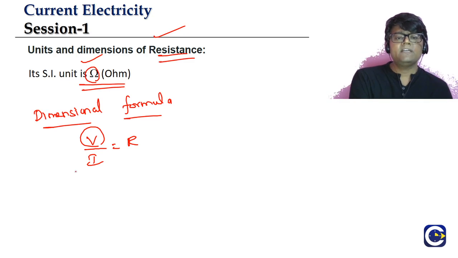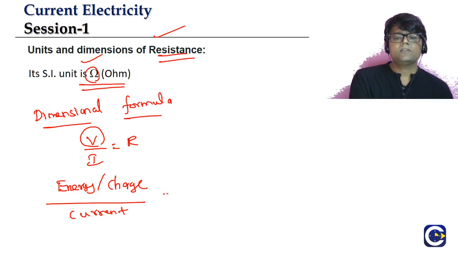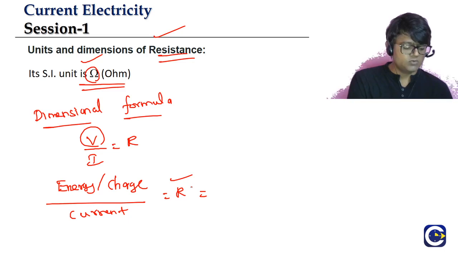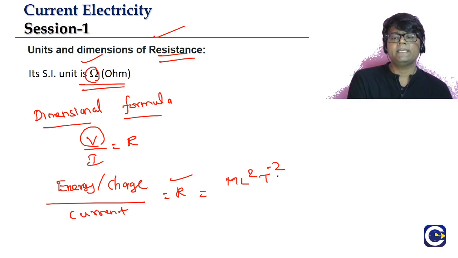What is potential difference? Potential difference will be energy by charge, divided by current. So this is how we have to find the dimensional formula for R. What is the dimensional formula for energy? mL square T power minus 2.